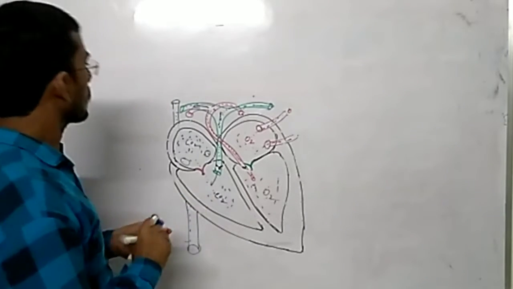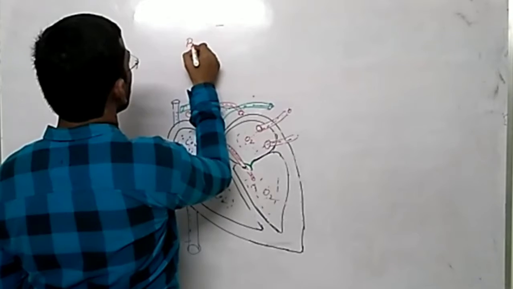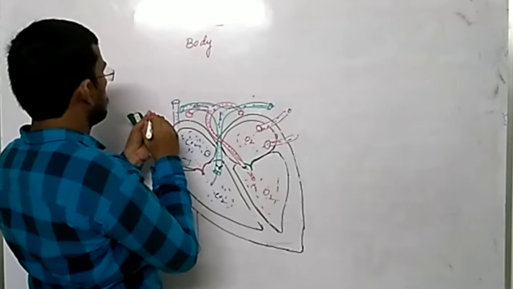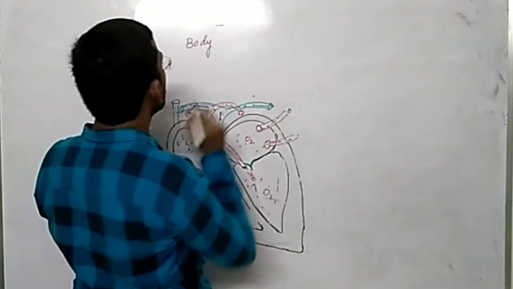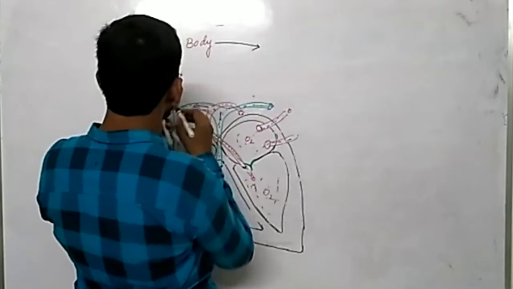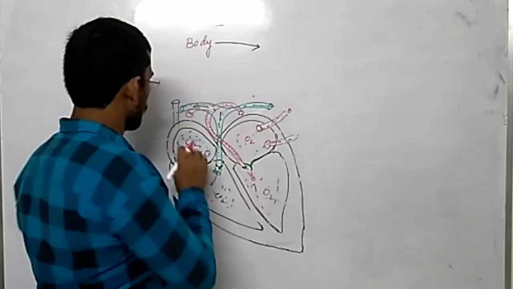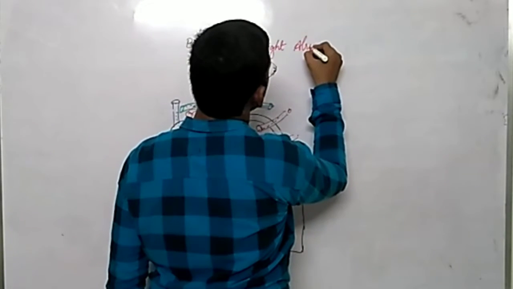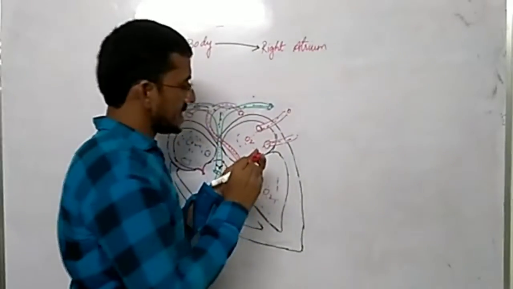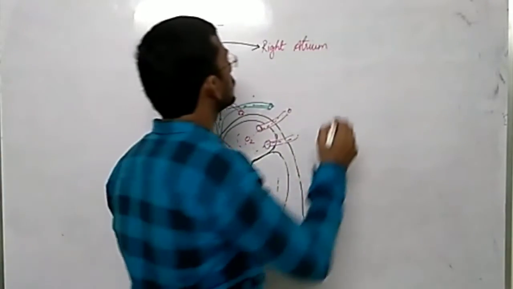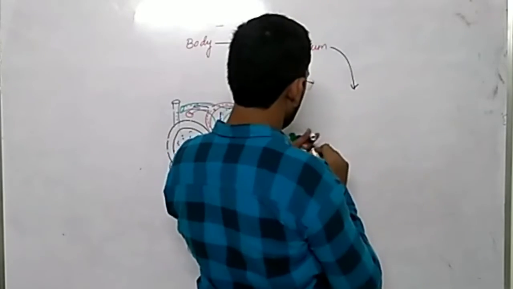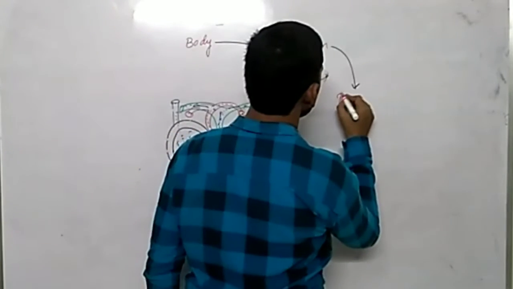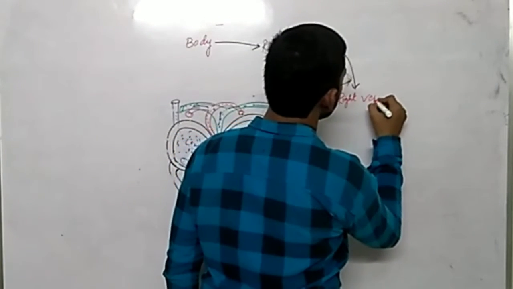So from the body, blood is going to right atrium. From right atrium, blood will move to right ventricle.